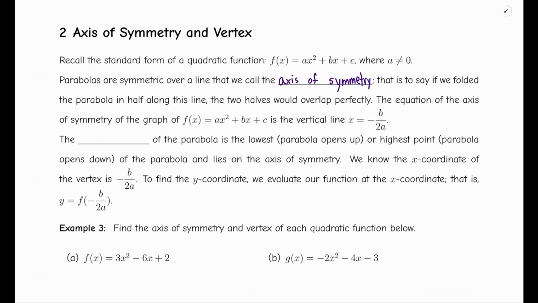That is to say, if we folded the parabola in half along this line, the two halves would overlap perfectly.